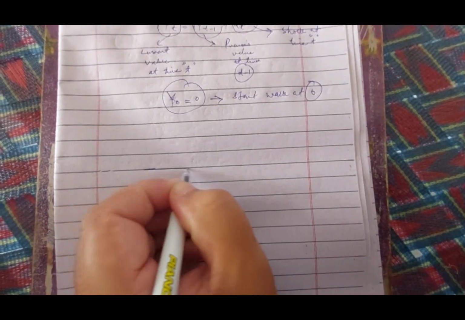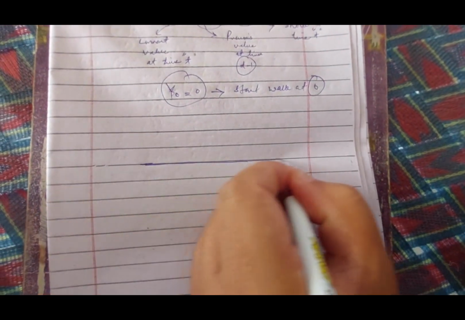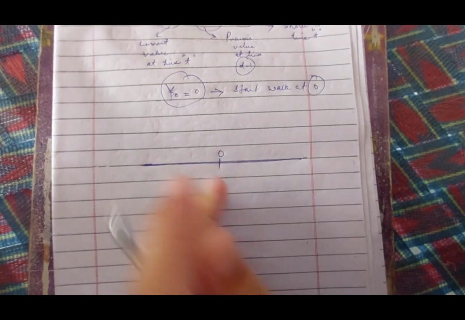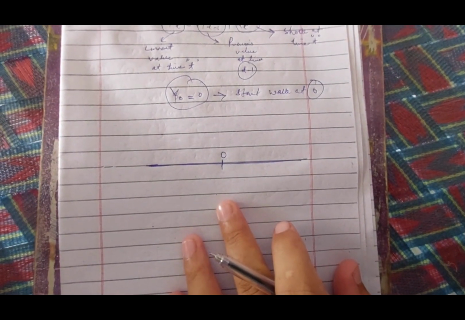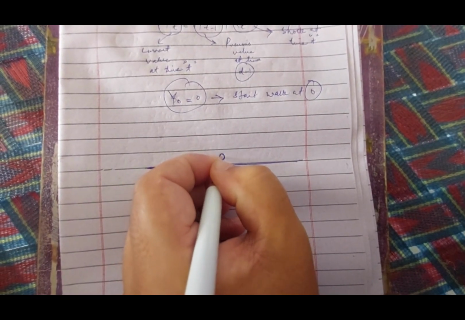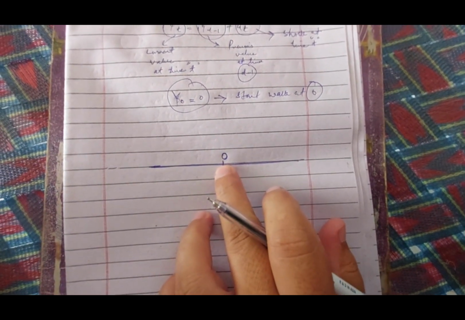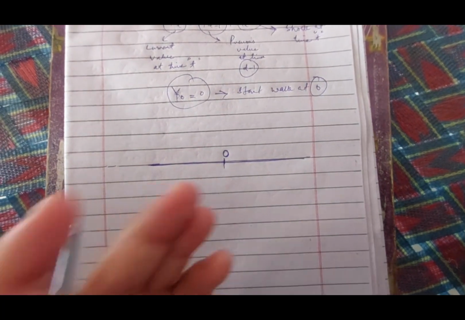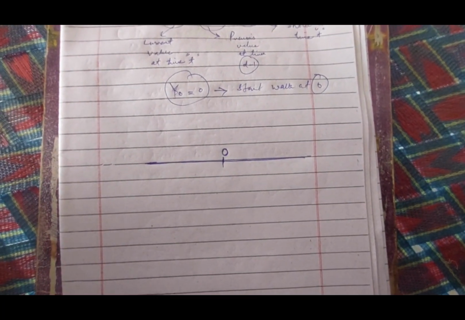Think of it like this. This is a straight line. This is center of the line, which is 0. Imagine some boy or a man is sitting over here, at 0. Now he stands up and starts walking.